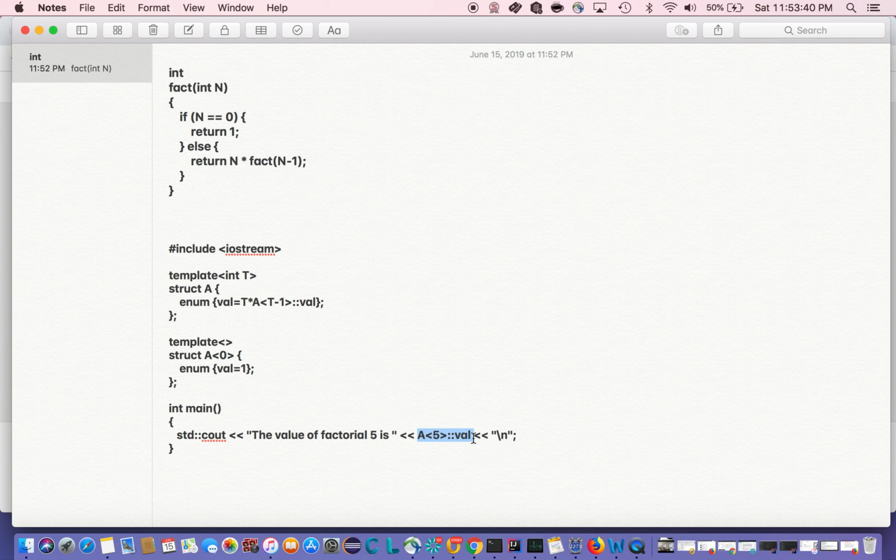What happens in this case is that 5 will generate the class template for 4, 4 for 3, 3 for 2, 2 for 1, but 1 already has the answer for 0. So effectively we have found the answer for 5 at build time itself, and it's something which is in your exe.